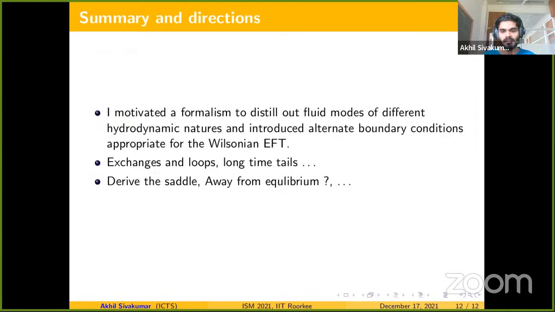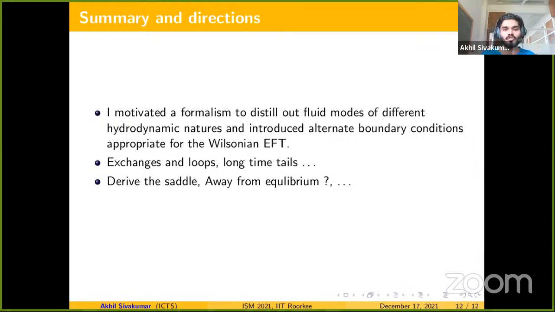So then you might want to go further and derive the saddle, because as I said, it's a prescription. You might want to understand why the structure of black hole geometries is true, as in you think of them as analytically continued in the radial coordinate or something, and then it seems to give you the right Schwinger-Keldysh contour.